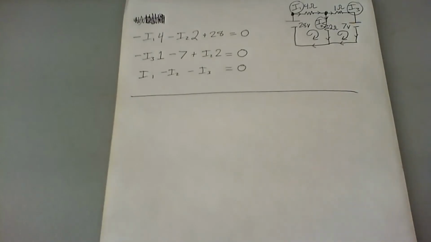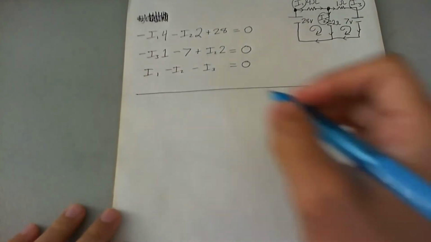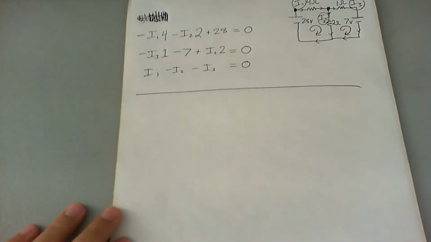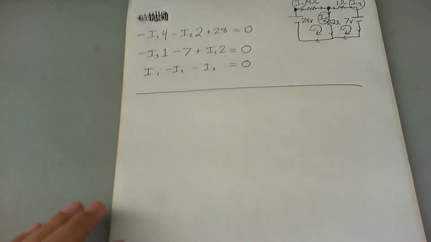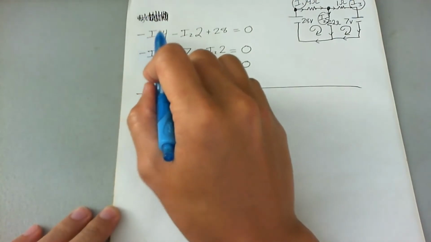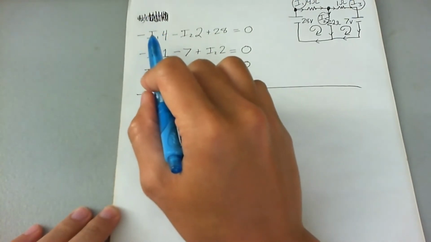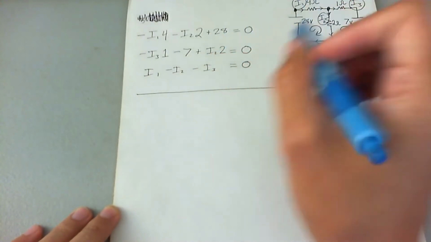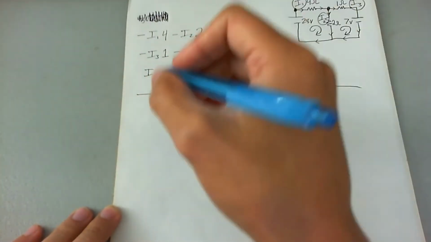What I'm going to do, however, is invoke matrices. So let's go ahead and get this into more familiar terms, or at least the terms that are more conducive to using matrix operations. So what I'm going to do is put it as an I1 parameter, I2 parameter, I3 parameter equals a number. And this would make the equation a little bit nicer.